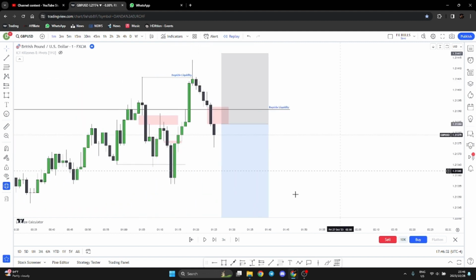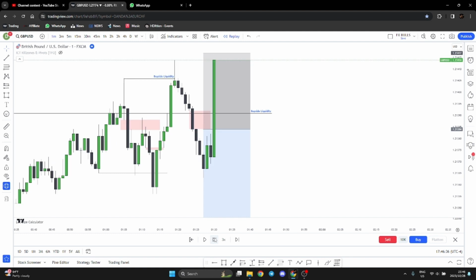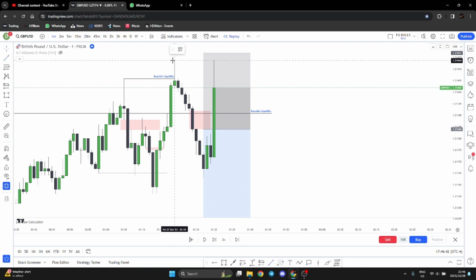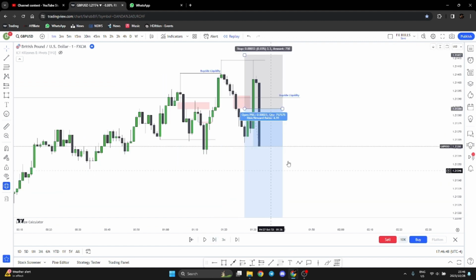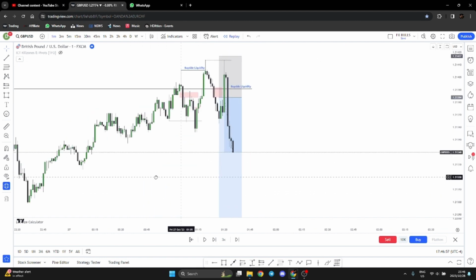Let's see if this FVG holds. Okay, so price shoots up, it grabs this, forming relatively equal lows. This is a very dangerous zone. Let's still see. Okay, so after grabbing those highs or that liquidity there, price seems to drop.